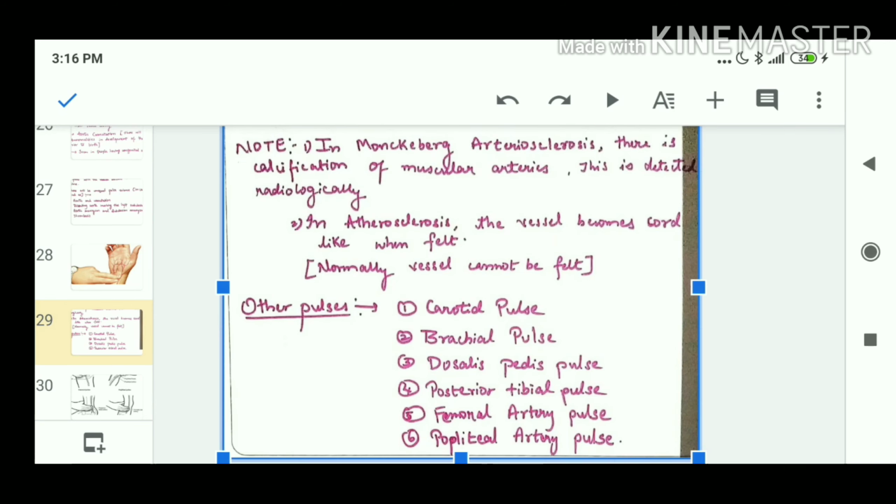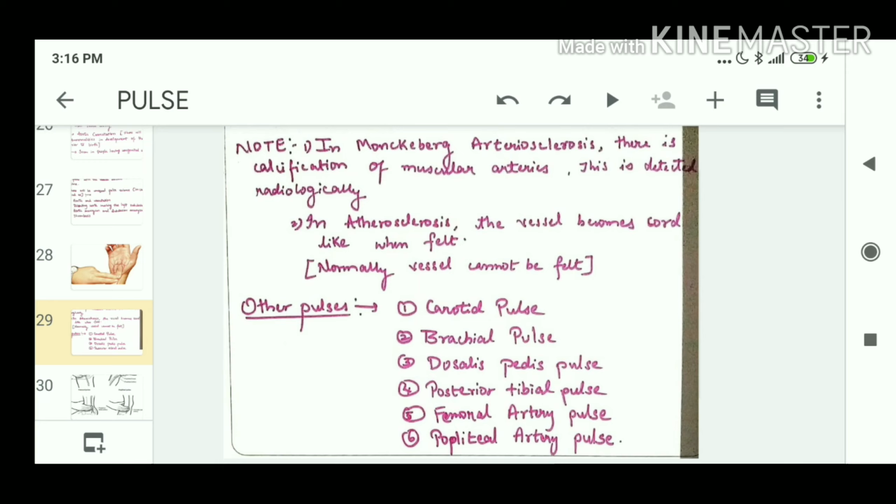Now note one important point. In Monckeberg arteriosclerosis, there is calcification of the muscular arteries. This is detected radiologically.